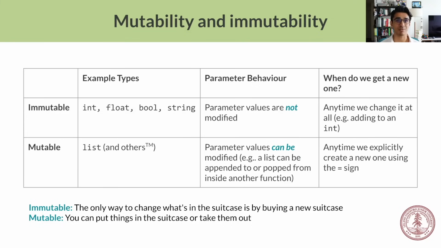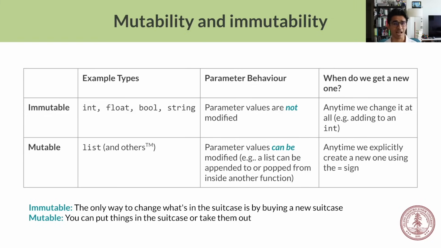A mutable variable is more how you would expect a suitcase to behave. You can take whatever you want out of it and put whatever you want back in it. So as you're trying to reason about how your parameters behave, it might be helpful to go back to the suitcases and think about whether you need a suitcase that you can change and put stuff back in, or a suitcase that you're comfortable buying a new one of.